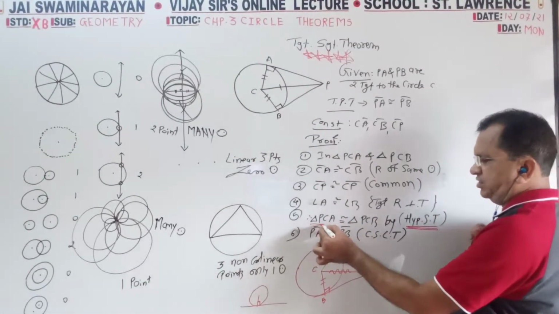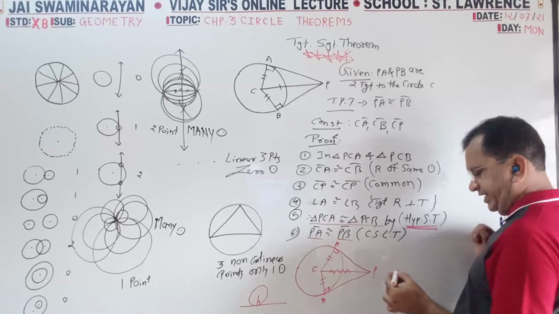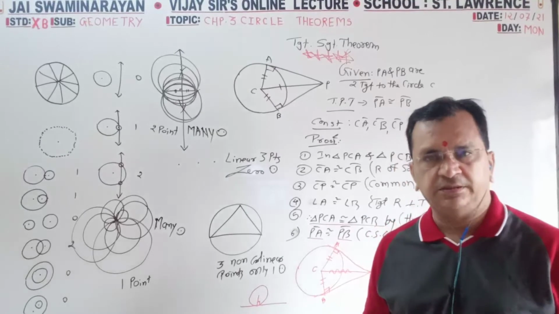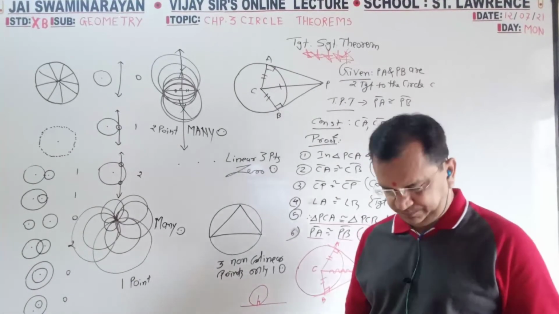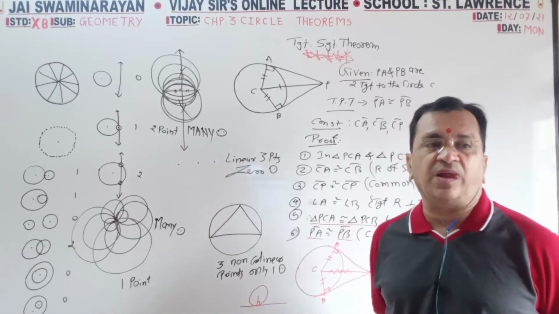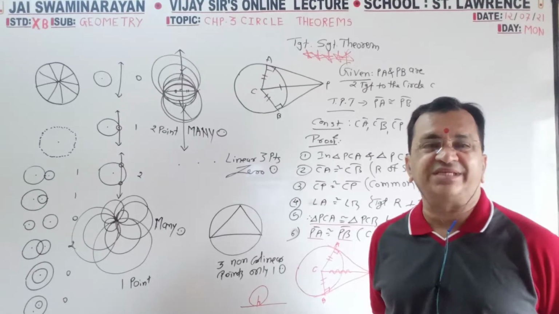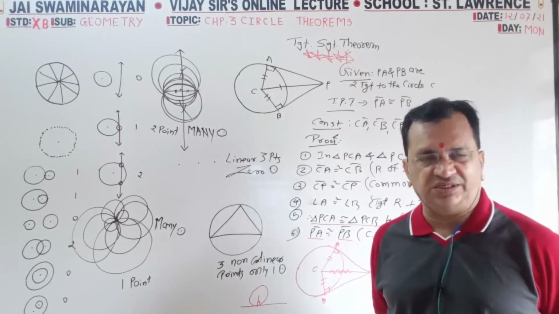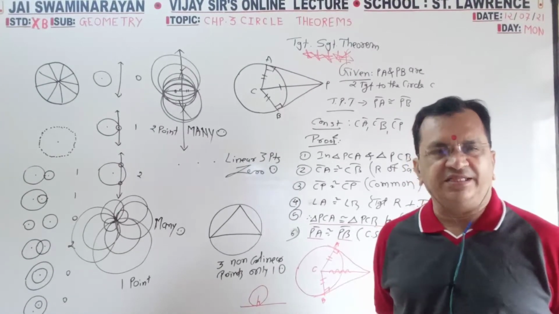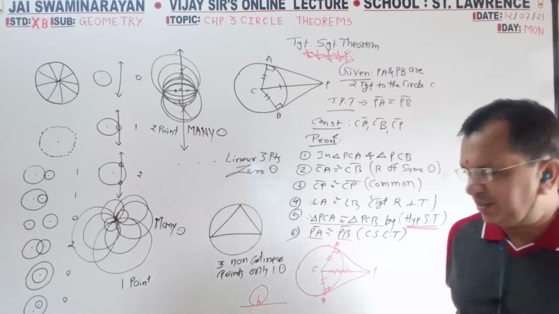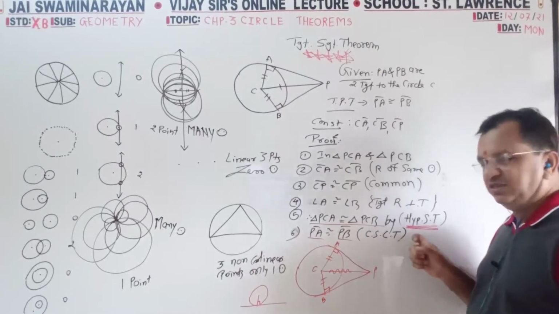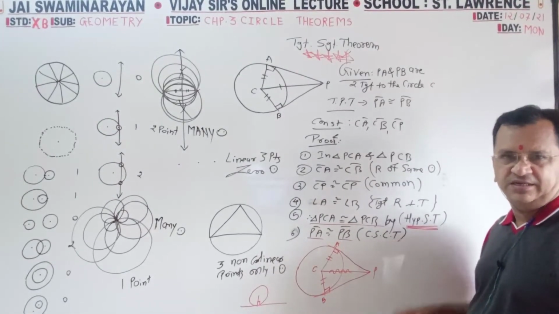So if two triangles are congruent, its corresponding sides are equal. CSCT. From congruent triangles, if you want to prove a side pair equal, then CSCT. If you want to prove an angle pair congruent, at that time CACT. CACT means congruent angle of congruent triangle. CSCT means congruent side of congruent triangle.